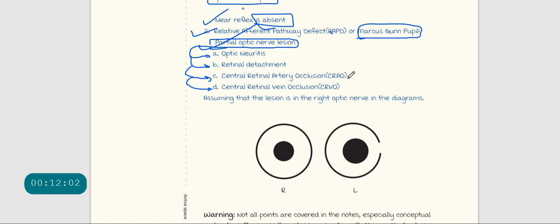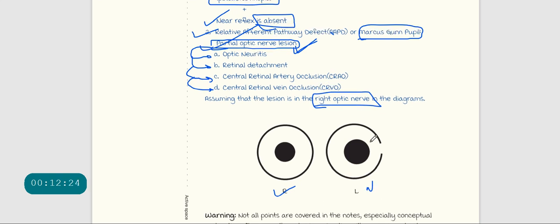Starting it. So assuming that the lesion is in the right optic nerve, remember the lesion is partial and it is in the right optic nerve, the left one is normal. Now in such a condition both pupils are constricted, both are in the normal condition, so this is known as isochoria, obviously. Now we are throwing light on the left one, which is the normal one.